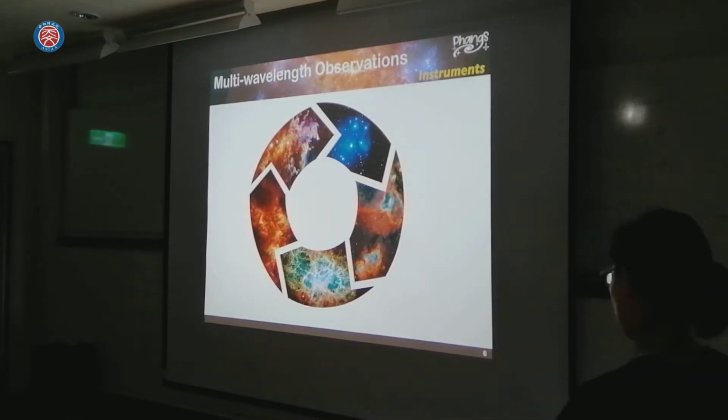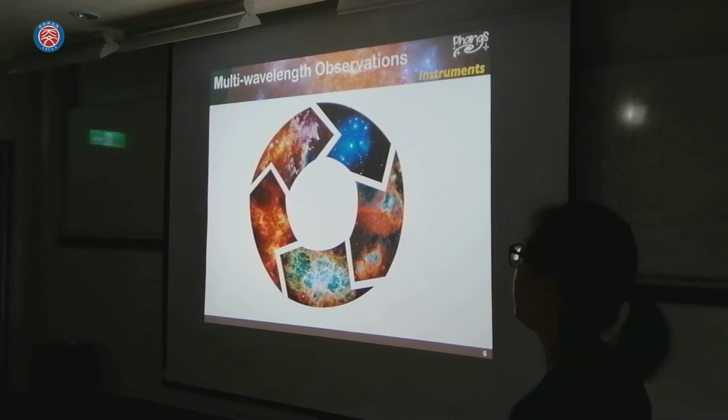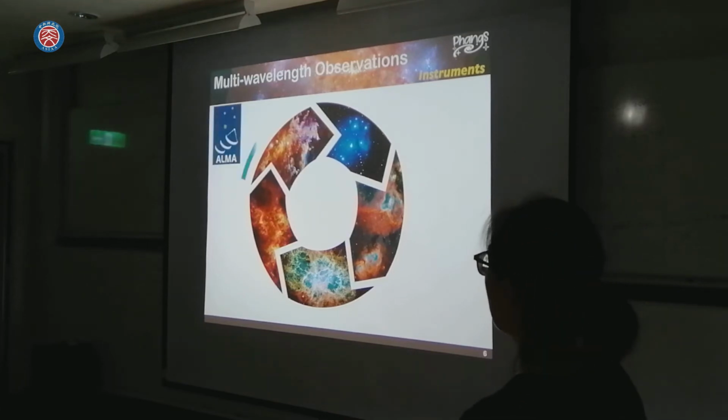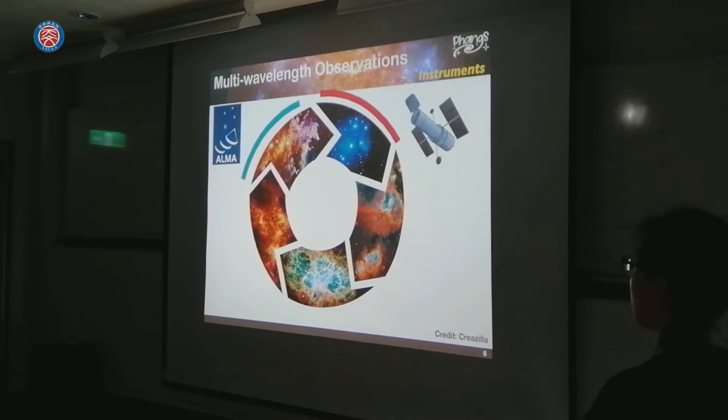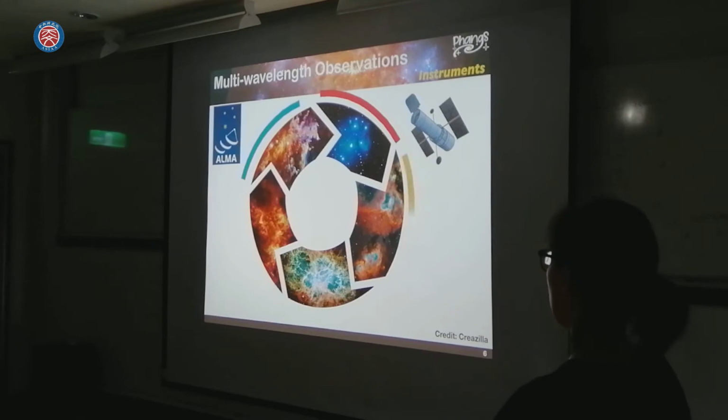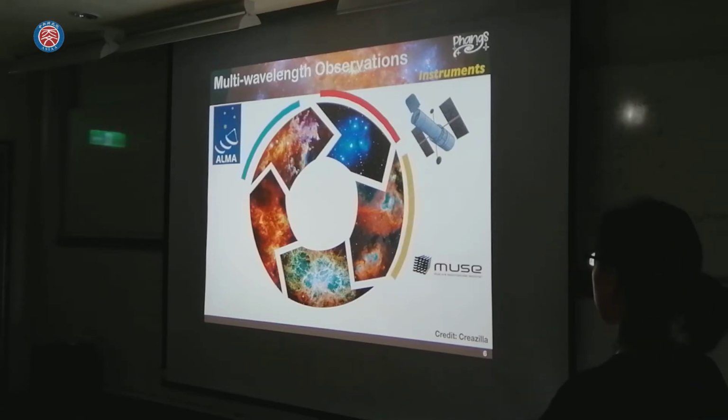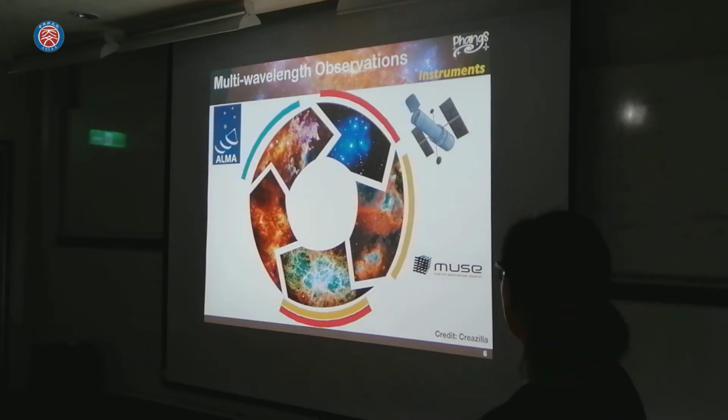So this is again a figure of the gas and star formation cycle. We observe molecular gas with ALMA, star clusters with HST, and HII regions and supernova remnants and planetary nebulae with VLT MUSE integral field spectroscopy, and HST.